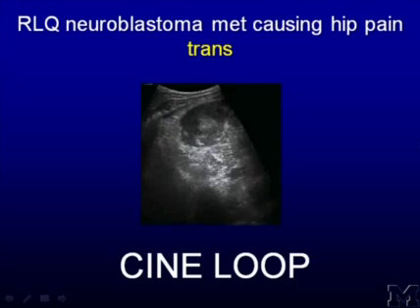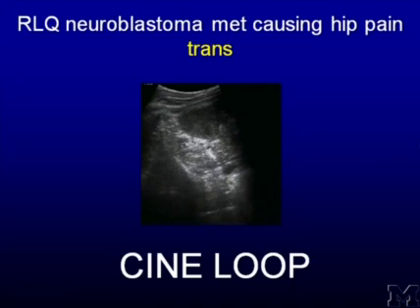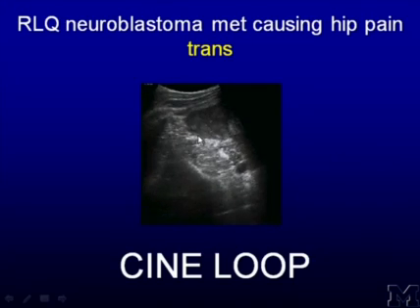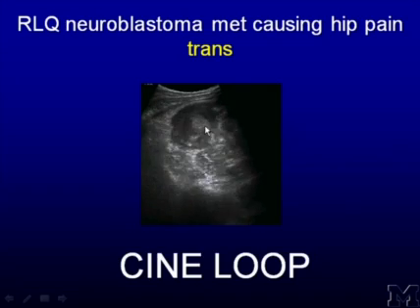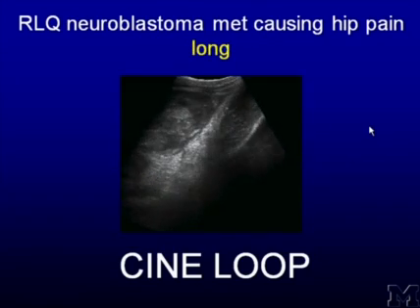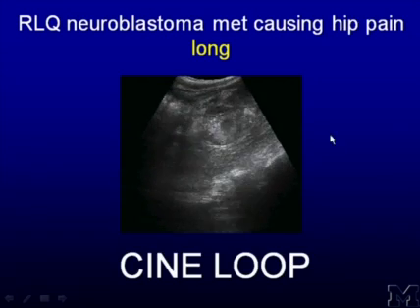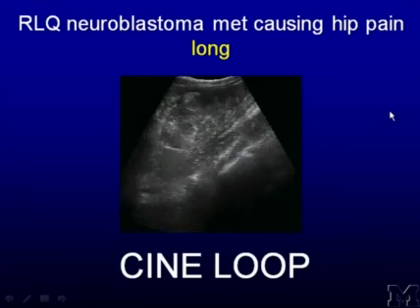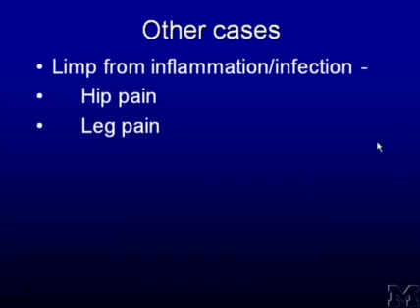That was irritating the psoas, and we think the effusion was actually sympathetic, and this is a transverse view. Here's the ilium, and there's this mass sitting right on it, and this was actually a metastasis that had dropped into the lower abdomen, was growing, pressing on the psoas, irritating it, and giving this child hip symptoms.